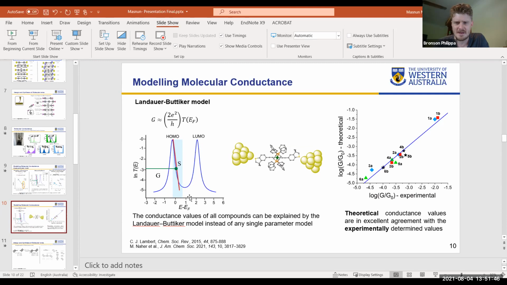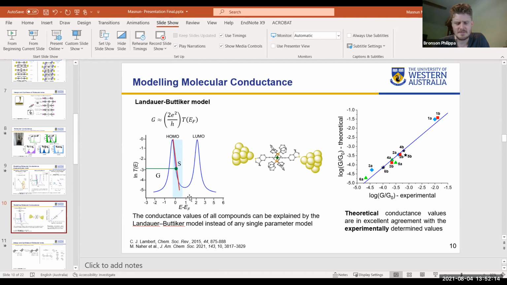Symmetric. Yeah, I'm wondering, is it possible to introduce some asymmetry there and end up with a rectifying effect? Yeah, definitely it's possible, not for this series of compounds, but there is some research going on where people are getting rectification as an application from different series of compounds, where we can actually get different currents by applying forward and reverse bias.